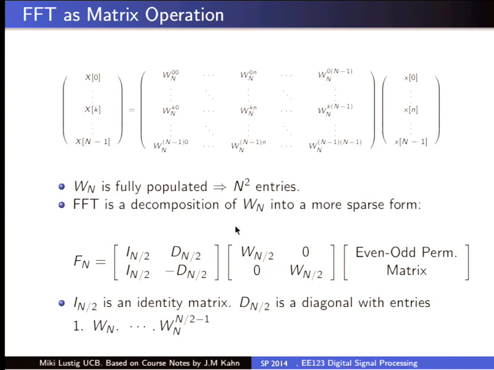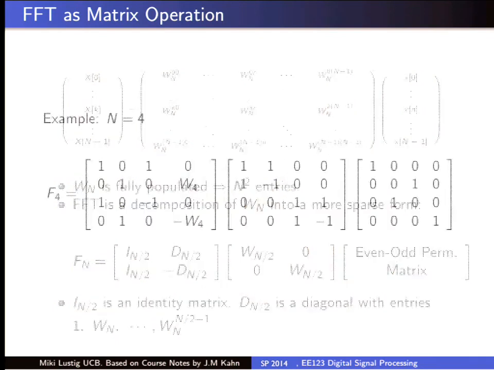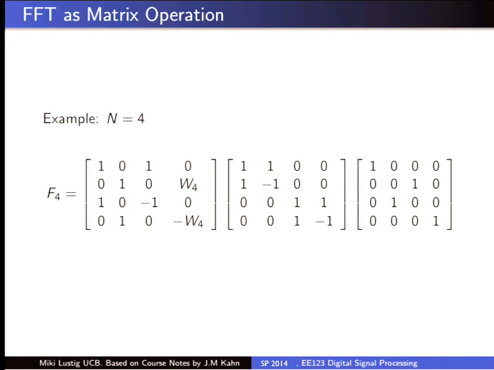So you can decompose that into an even and odd permutation matrix, followed by the twiddle factors, followed by this, which basically breaks into this is add and subtract. You take half. This is diagonal, and this is diagonal.